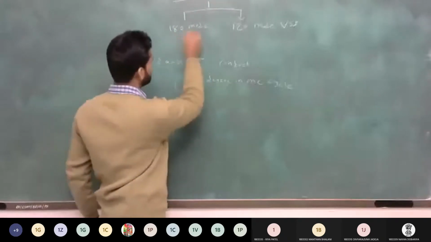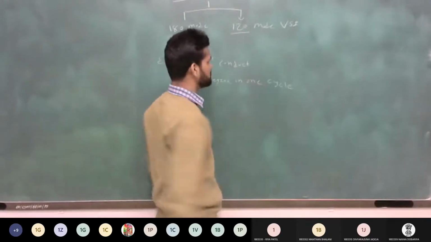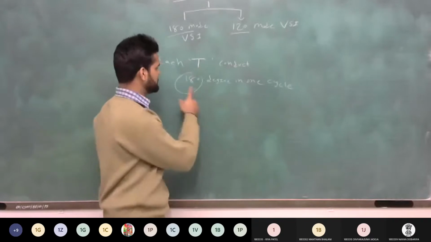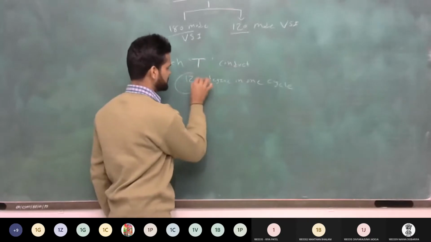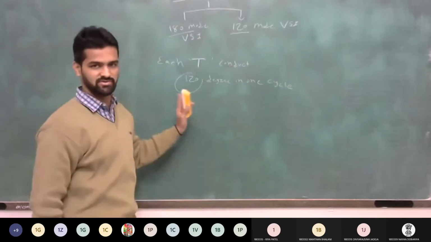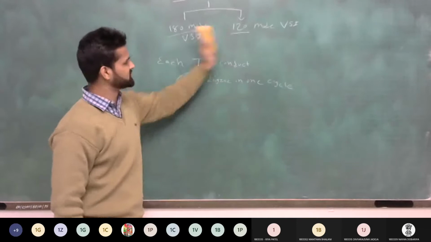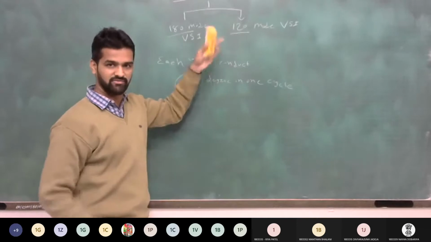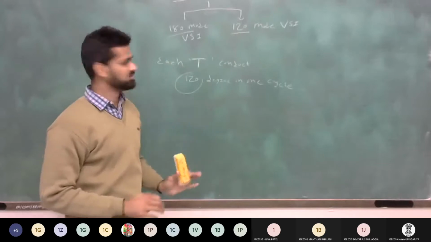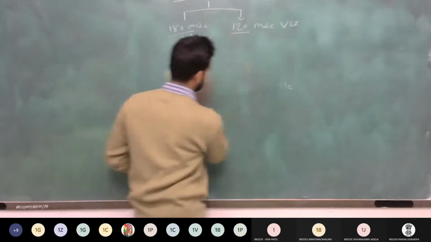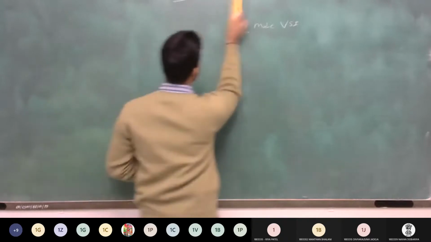Similarly, in 120 degree mode of voltage source inverter, each thyristor T conducts for 120 degree duration. That's why it is called a 120 degree mode of VSI. After learning the theory of both inverters, we will compare them and find out which method is better. First we understand the 180 degree mode of VSI.